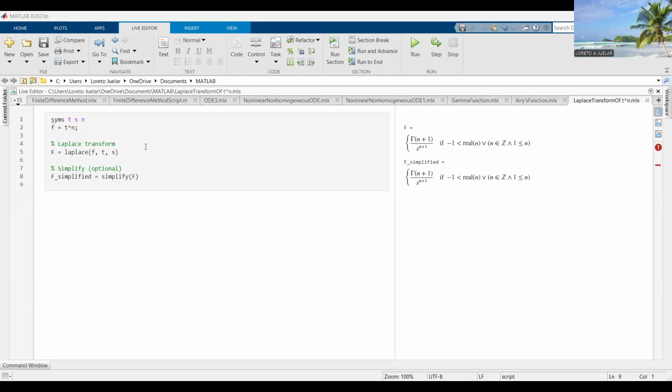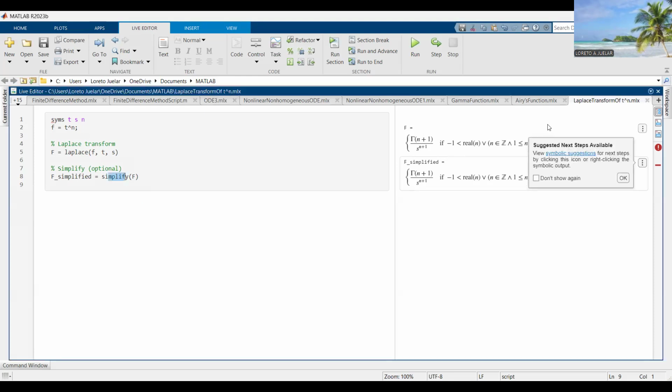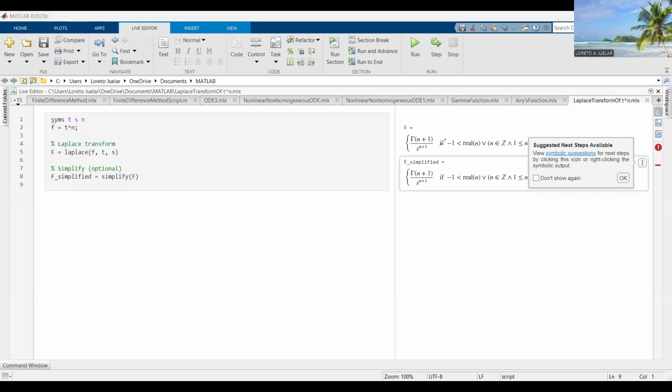Then the Laplace transform, capital F, is equal to the Laplace transform of f, t, and s. Then we simplify our Laplace transform, and here we have the answer. So this is the Laplace transform.